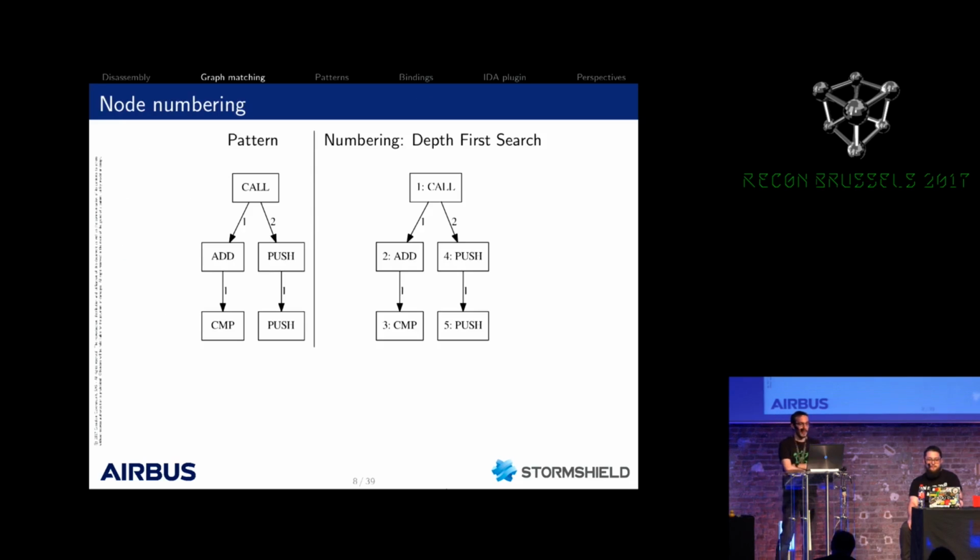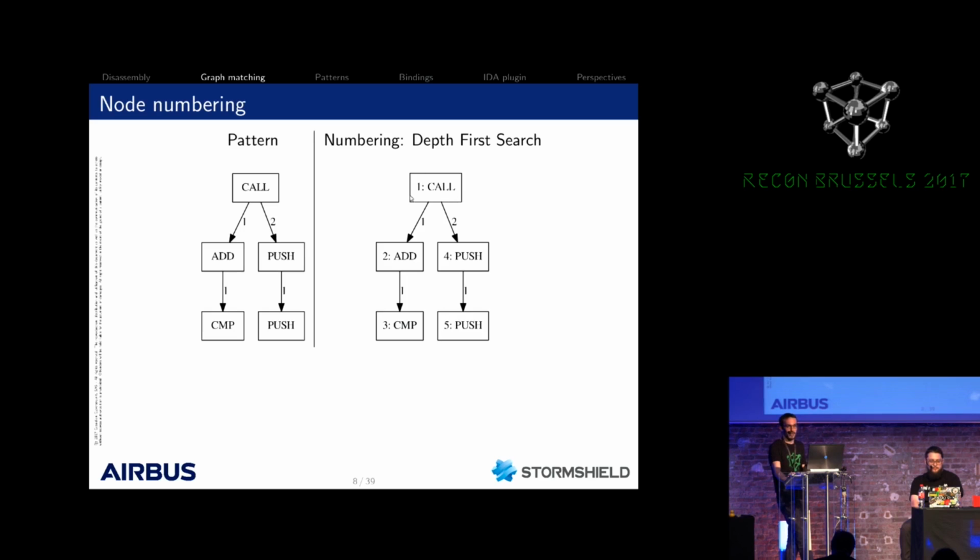I'll explain why. This slide will show you how we can represent a pattern in a different form. The pattern we have now is what we see on the left. We have a call, an add, a compare, then a push and a push, and the children are ordered. We have child number 1 and child number 2. Since we have a root node, which is a call, there is a unique way to number this graph with a depth first search.